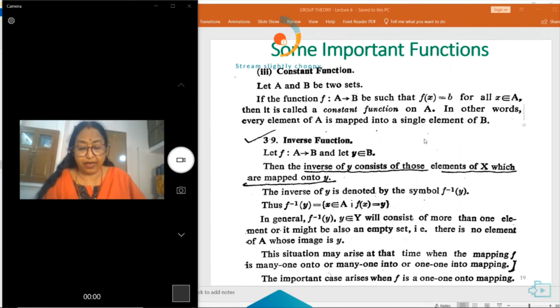In general, f inverse of y, where y belongs to B, will consist of more than one element, or it might be an empty set, that is, there is no element of A whose image is y.